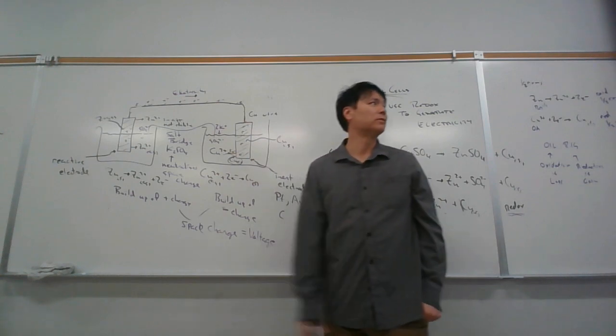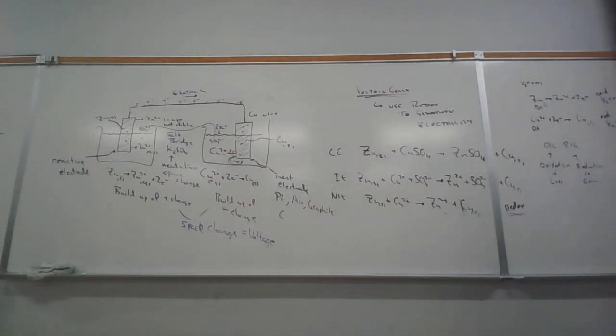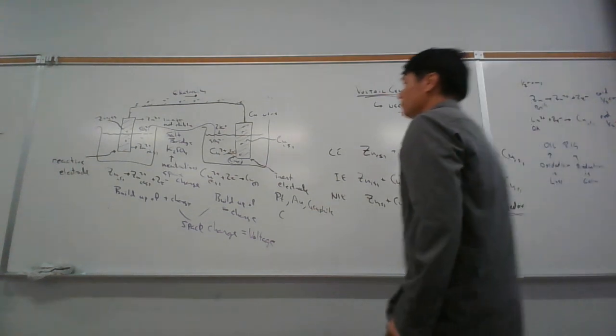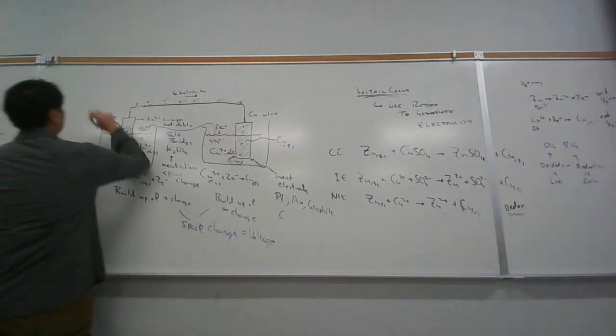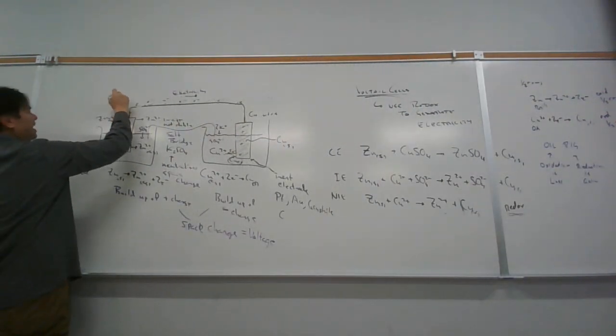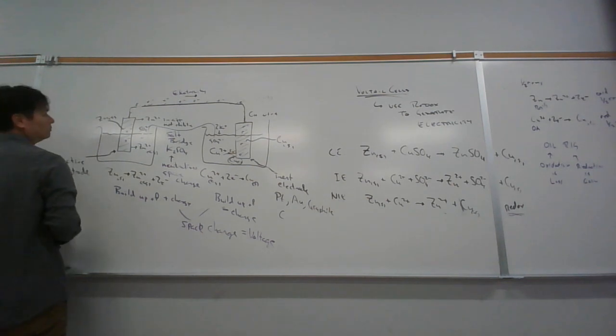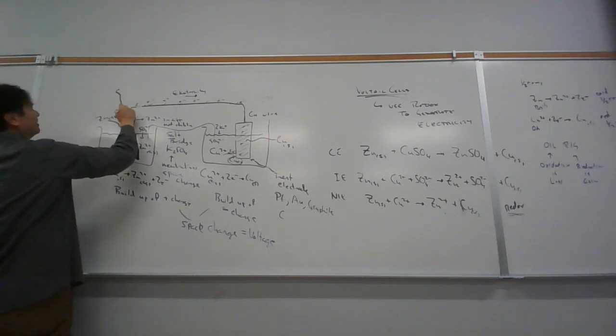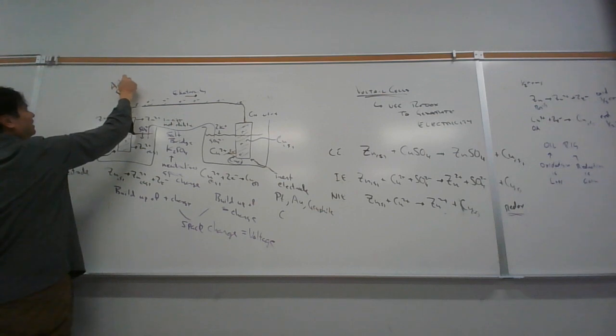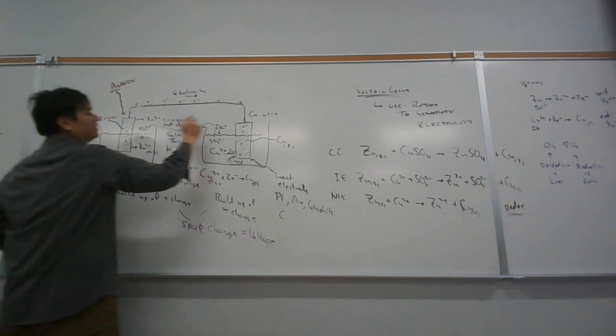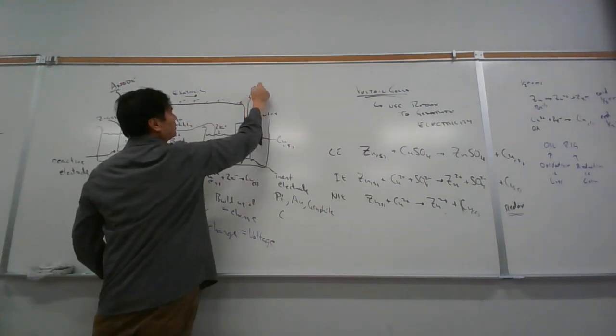We have names for these types of things. This is called the anode, this electrode. We usually go anode to cathode.